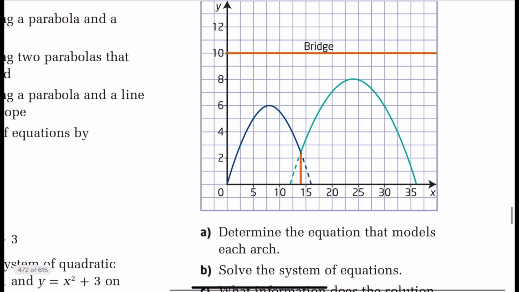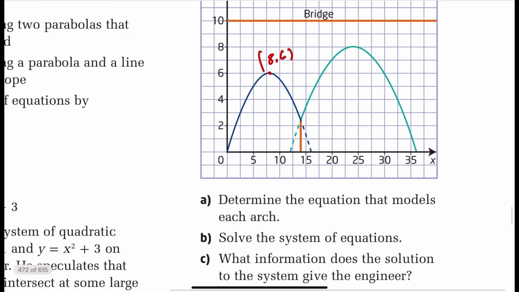That means half of it is 8. So the first point I have is x is 8 and y is 6. I have the point (8, 6).